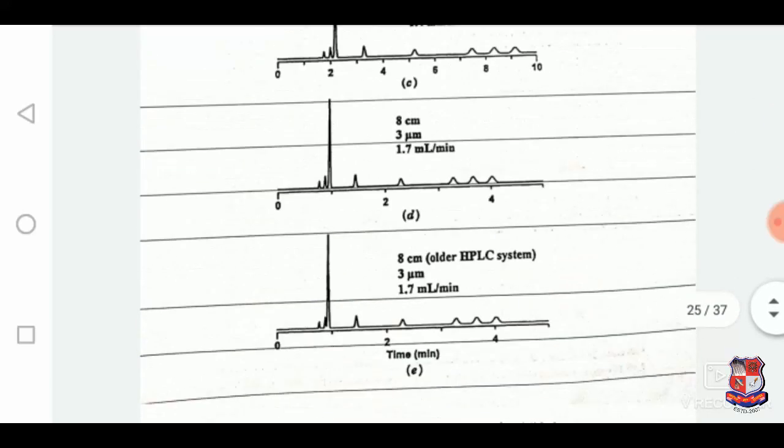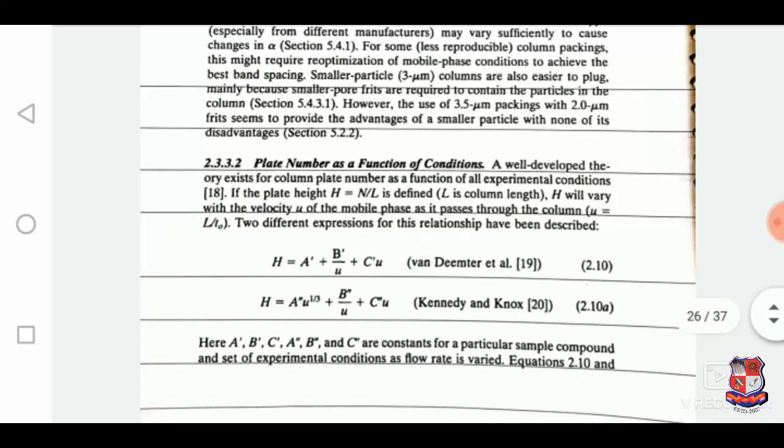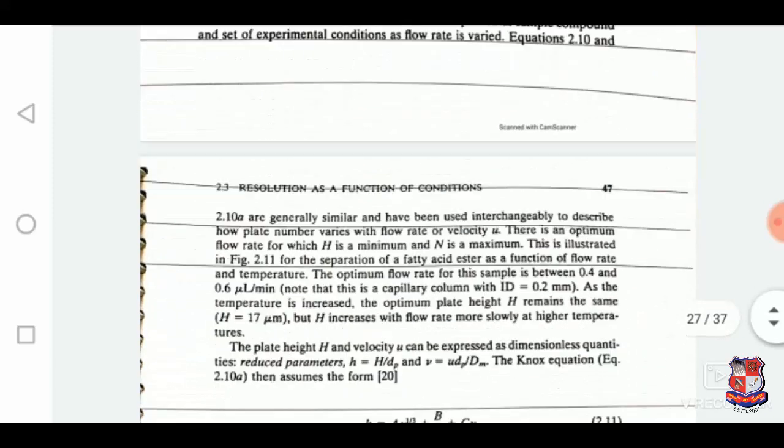These are all chromatograms. Plate number as a function of condition. This is the van Deemter equation, the famous equation, and subsequently the kinetic equation. These are the particular constants, and h, that is plate height, varies depending on several factors.